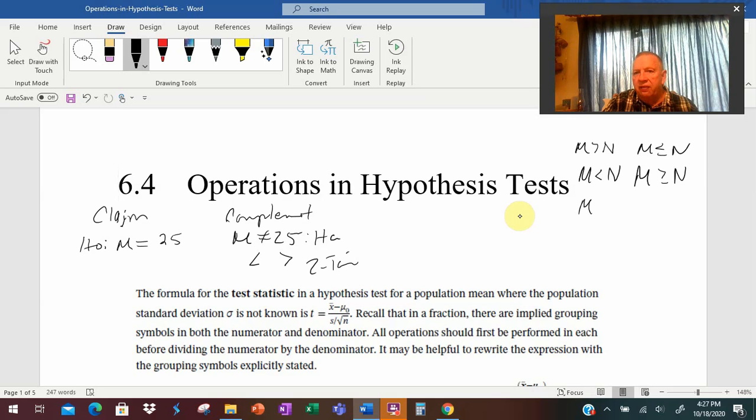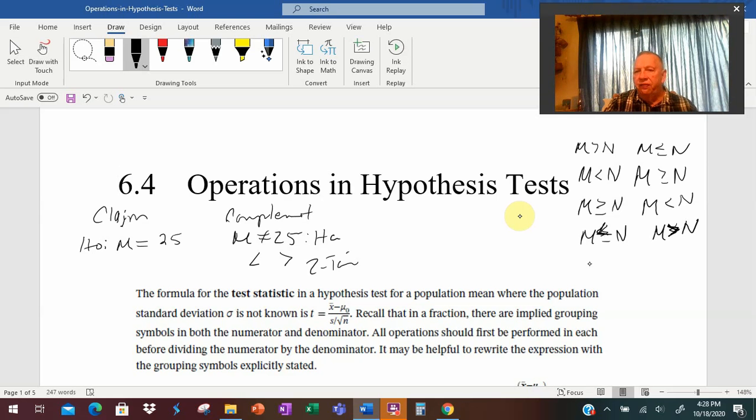What about if I have a statement mu greater than or equal to n? The pair would be mu less than n, and that would be mu greater than n.